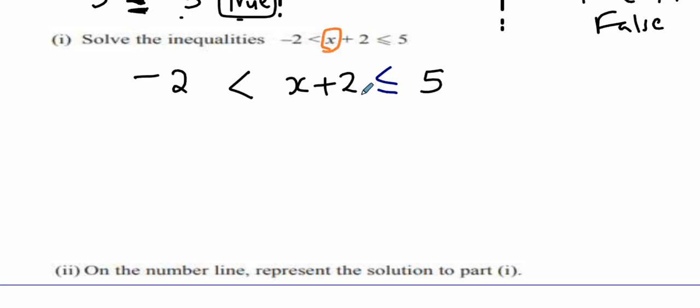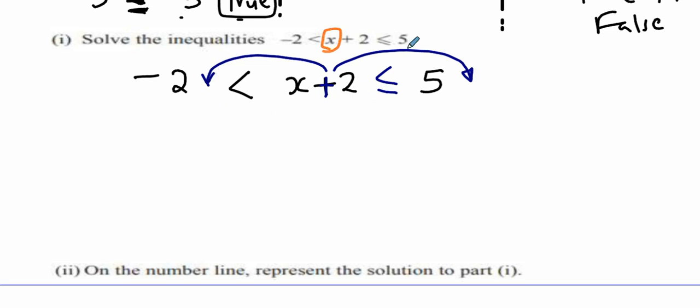Now, what we are going to do is make x stay alone. That means set x free. How do we do that? What I'm going to do is subtract positive 2 here, and also subtract positive 2 here, because we have two inequalities.